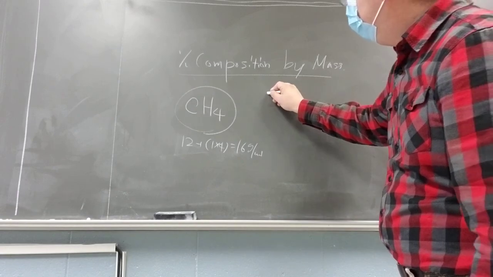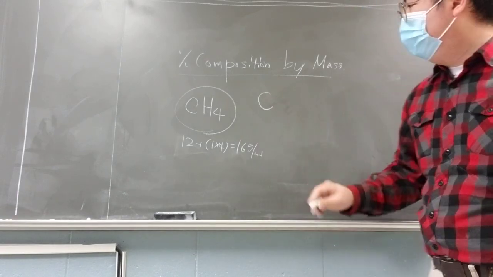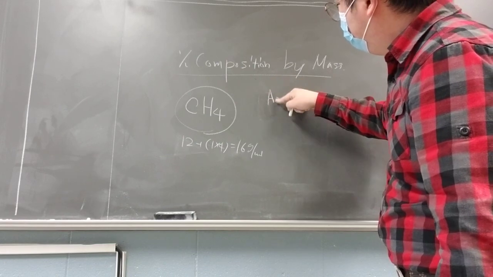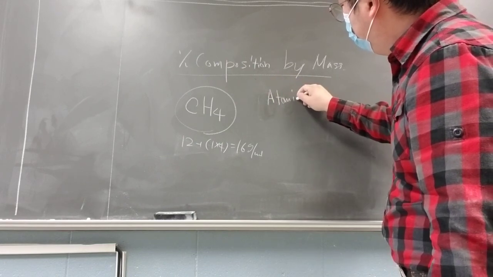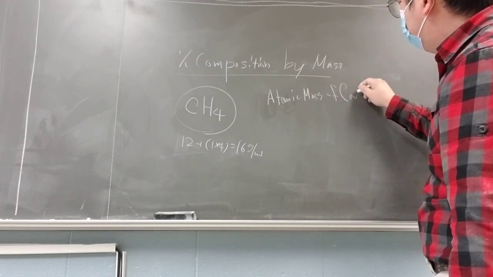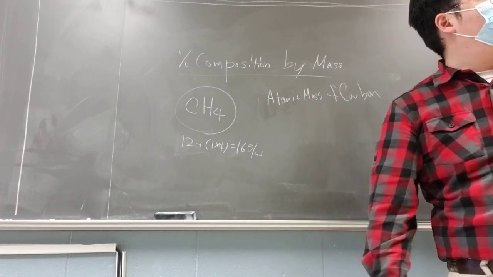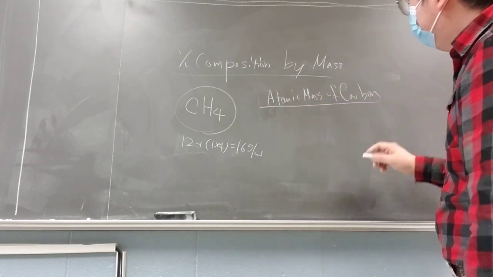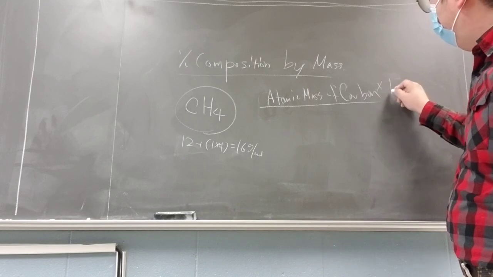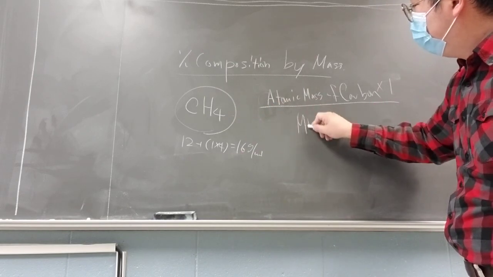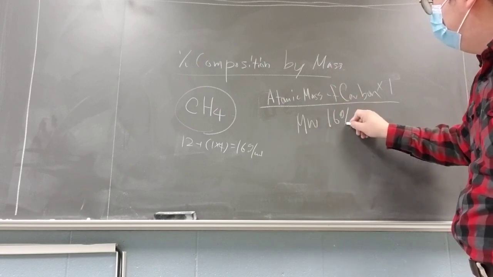And then if you want to do the percent composition for carbon in the methane, you get the atomic mass of carbon, which you see on the periodic table given on the exam, so don't worry about it, but that's 12. And there is only one, right? So only one over the molecular weight, which is 16 grams per mole.